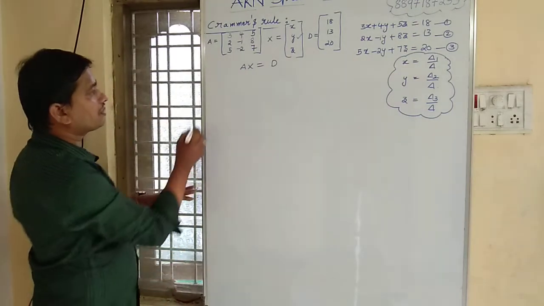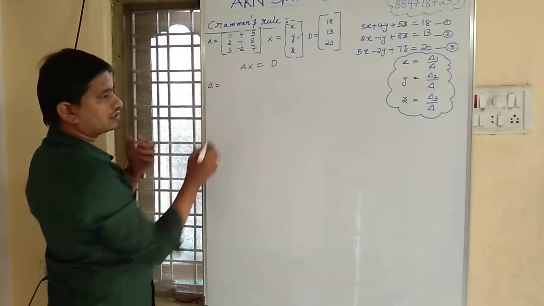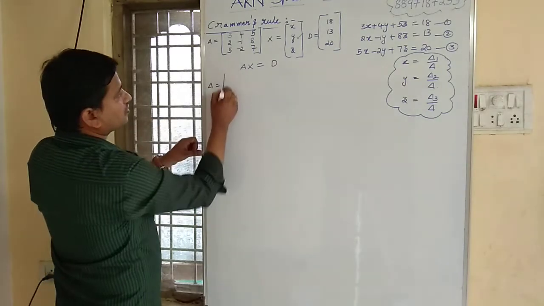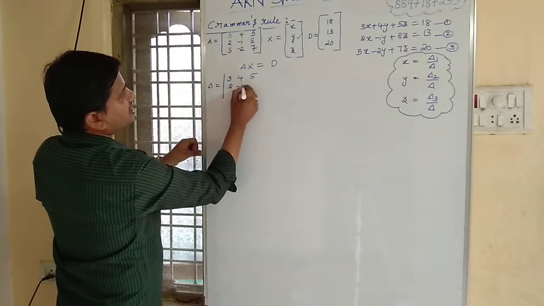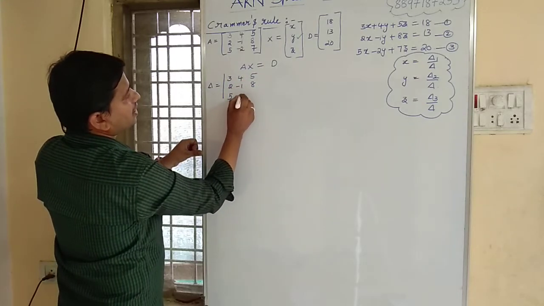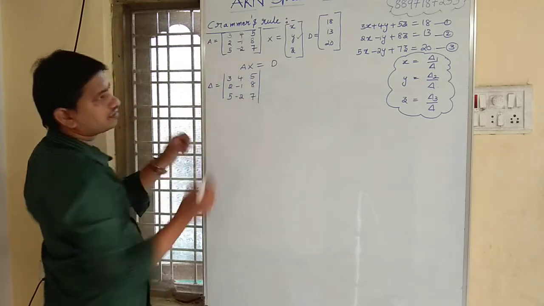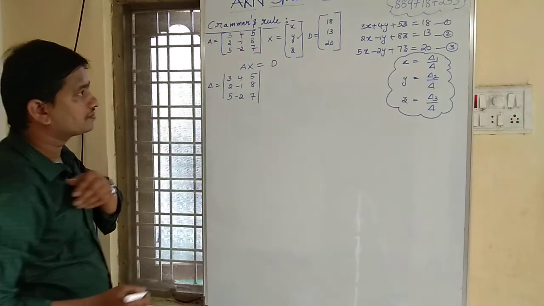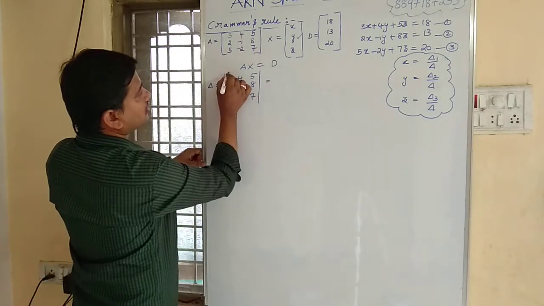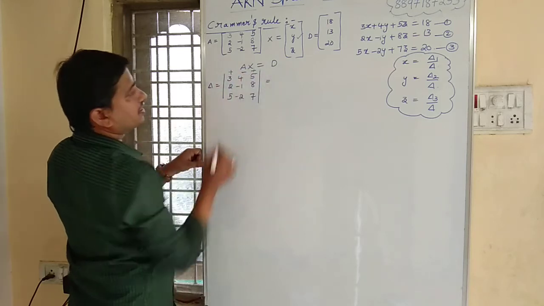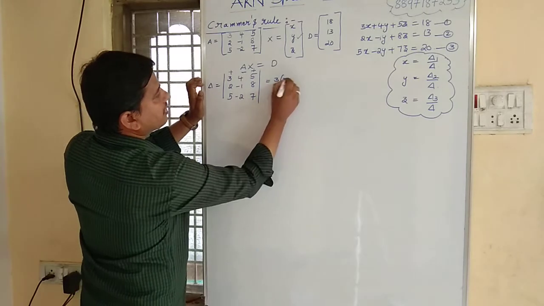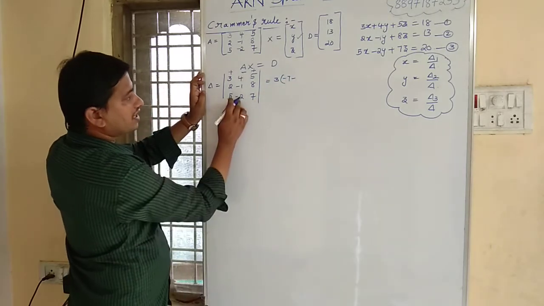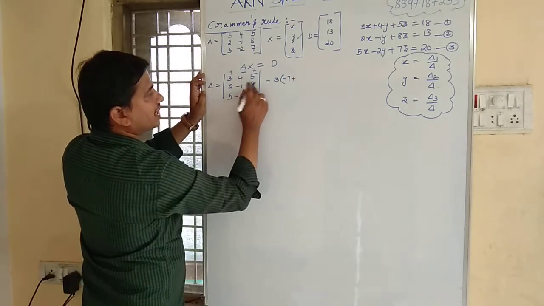Children, how to find the determinant? Delta is equal to the determinant of matrix A: 3, 4, 5, 2, minus 1, 8, 5, minus 2, 7. Let us find the delta value. 3 into minus 1 into 7 minus 8 into minus 2, that is plus 16.